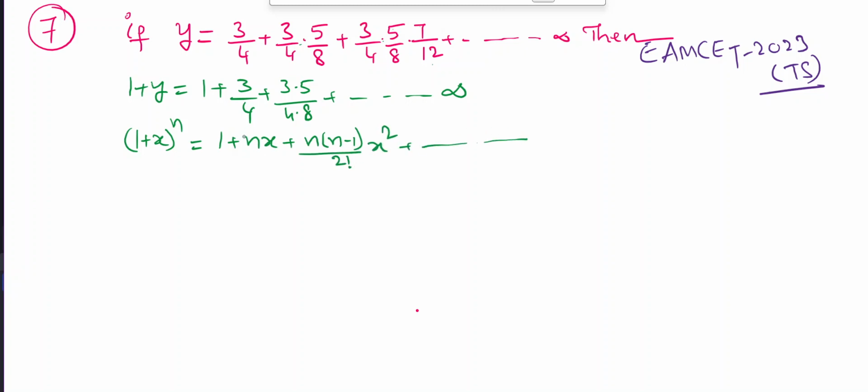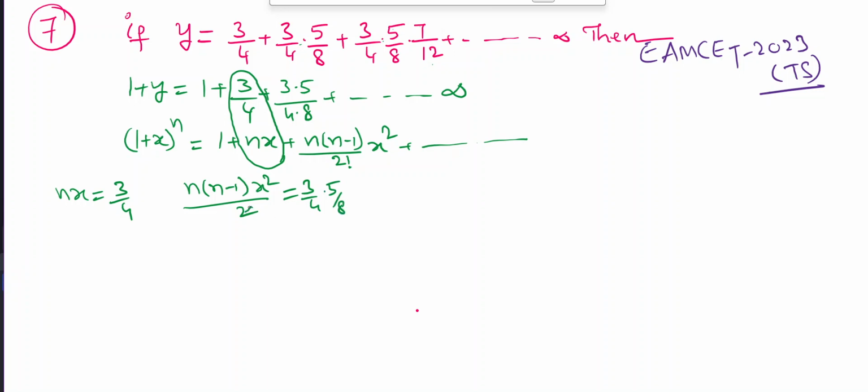So equating these two, here nx value is 3 by 4, that is nx is equal to 3 by 4. And the third term, n into (n minus 1) into x square by 2 factorial, is equal to 3 by 4 into 5 by 8. Here the 2 and the 4 cancel, so n into (n minus 1) into x square is written as nx into (nx minus x), which is equal to 3 by 4 into 5 by 4.